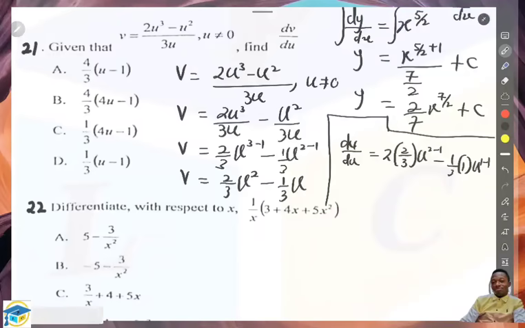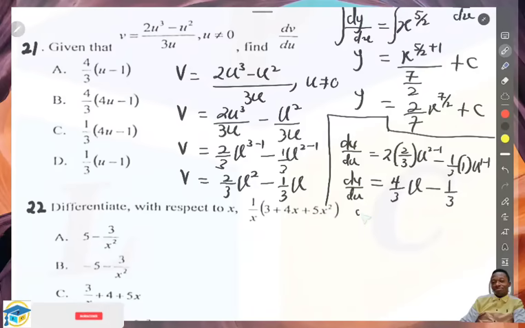This is how we differentiate, right? So what am I getting? 2 multiplying 2 over 3 fetches me 4 over 3, then I have u, because when you take 1 from 2, I'm left with 1. And minus 1 over 3. Remember, 1 minus 1 is 0, and any number to the power 0 is 1. So I'm going to get 1 over 3 as my dv over du.